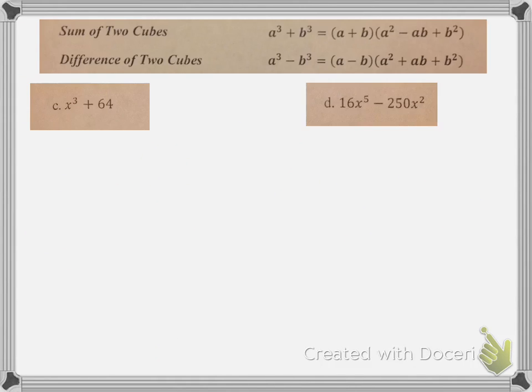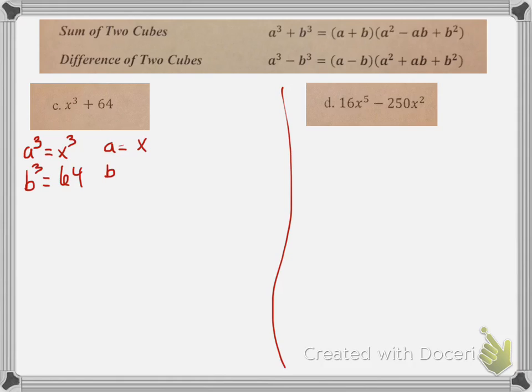So we're going to try 2 more. So let's look at this first one. We have a cubed is just x cubed. My b cubed is going to be 64. So x cubed, if we take the cube root, it would just be x. Cube root of 64, we just did it in the previous problem, which was 4.